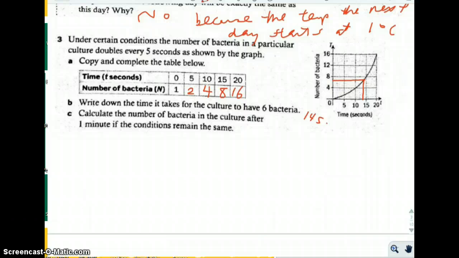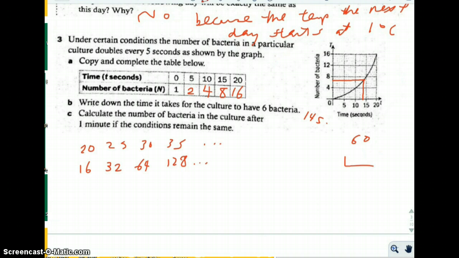So in 20 seconds, it gets to be 16. There's 2 ways you could do this. You could make the chart bigger. You put 20, 25, 30, 35, etc., all the way till you get to 60, right? And they just keep doubling. So you go 16, next is 32, next is 64, next is 128, right? So you'll eventually get to the number here.